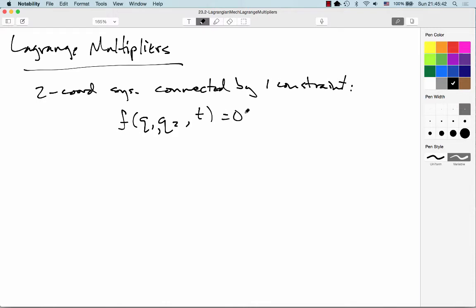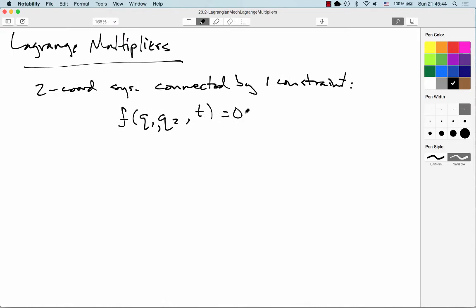All right, so now let's calculate the variation of the action for this system. The variation of the action will be the variation of the integral from t1 to t2 of the Lagrangian dt.